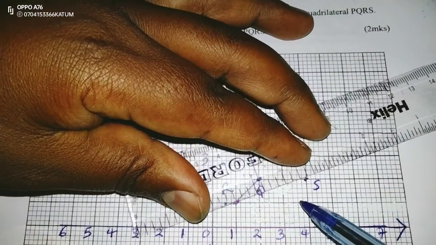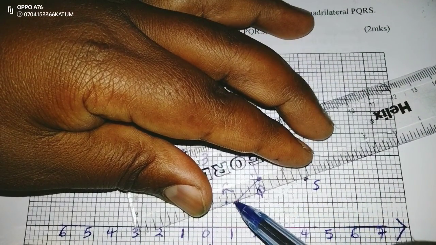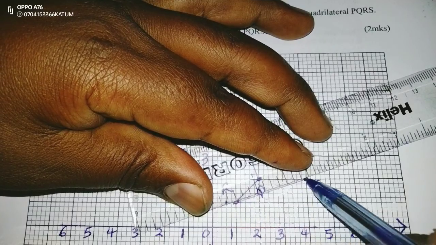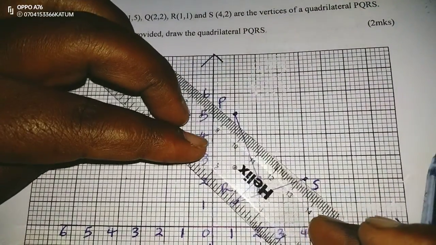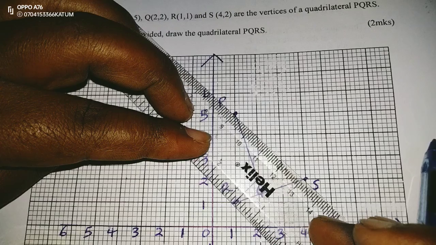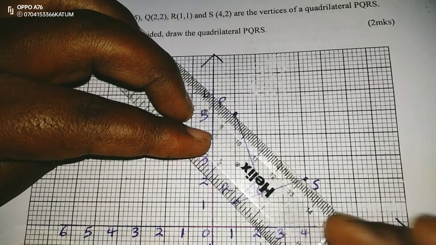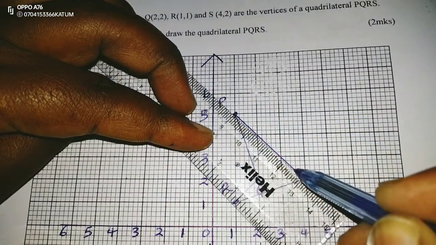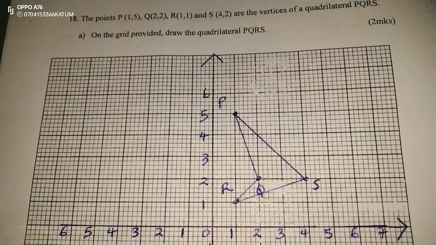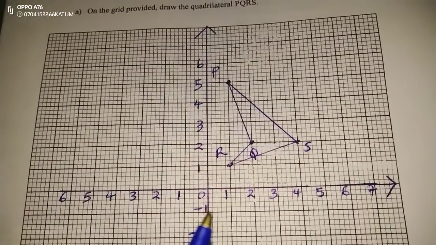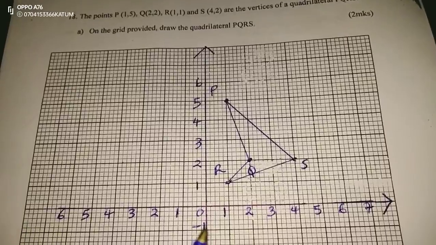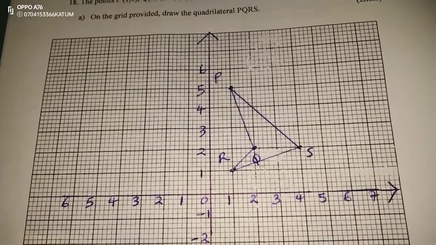Then RS. Then now we can enclose the quadrilateral. This is PQRS, and as we can see, it's a quadrilateral, a four-sided figure. So that is how it will look, and we have plotted it.